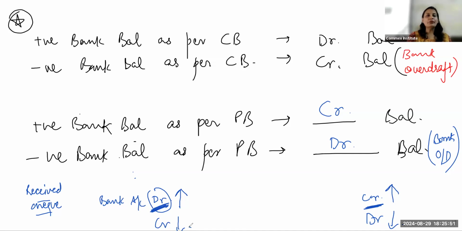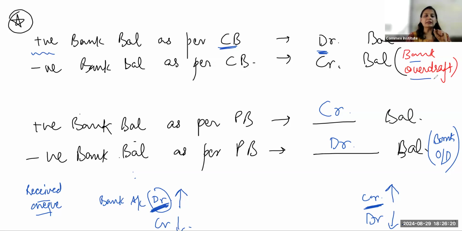So from there only, Suparnika, we have this concept which I just told you, that positive bank balance as per cash book would be a debit balance. Because my bank balance is an asset, beta. It is an asset, and assets have a debit balance, right? But when I make more payments from my bank account than the balance which I have, it gets converted into a credit balance, or what you call bank overdraft.